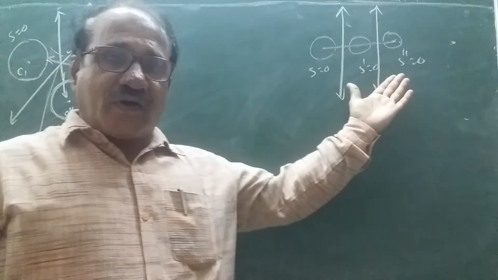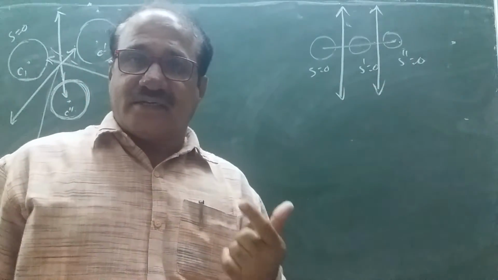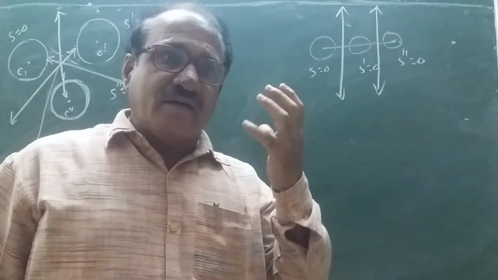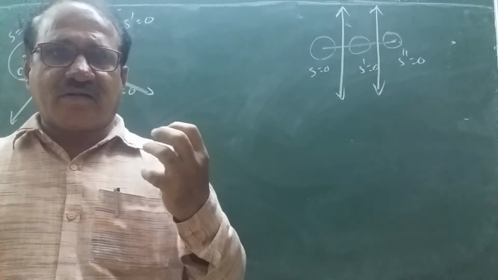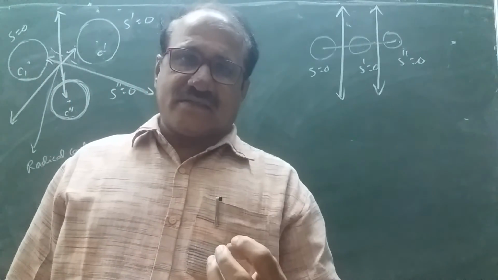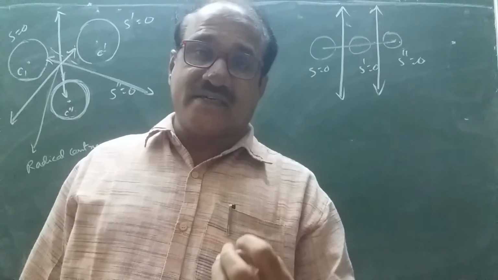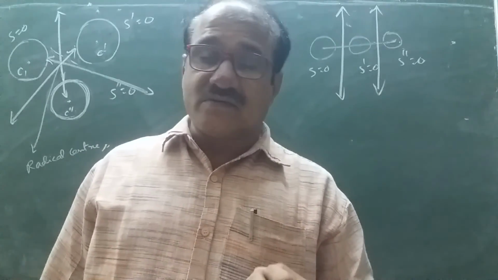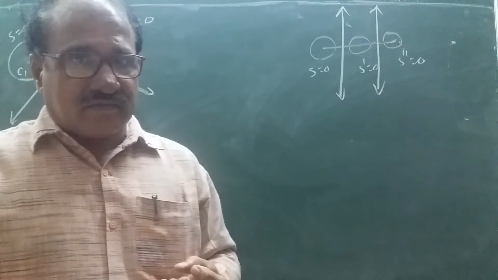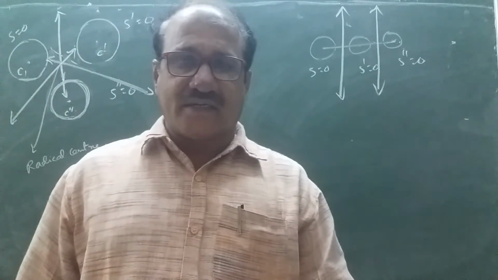Here there is no radical center. The radical center does not exist if the three centers are collinear. Here our condition is non-collinear centers. If the three centers are non-collinear, then only there exists a radical center. We have to remember that point.